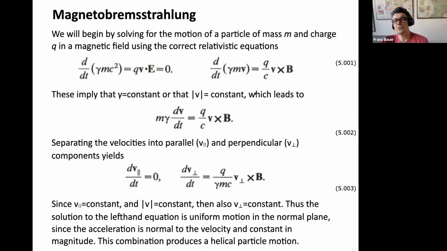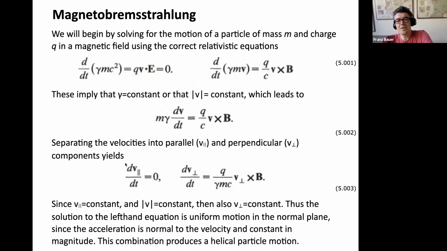This is where all the interesting stuff happens. If we assume that we have a constant set of electrons here, so this is constant, and that the absolute value of the velocity is constant, then we can rewrite this equation as something a little bit simpler like this. This is the acceleration. We can separate out this velocity term into parallel and perpendicular.